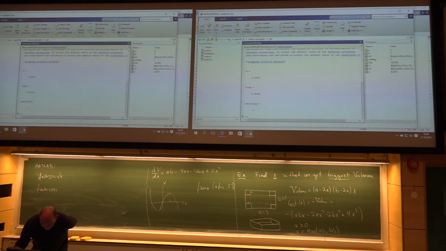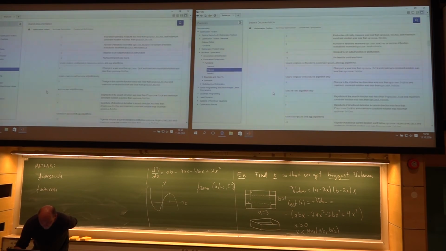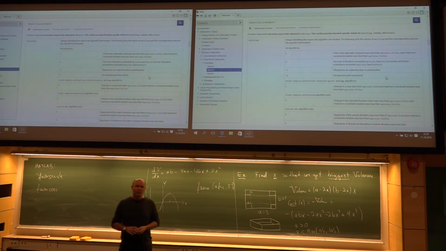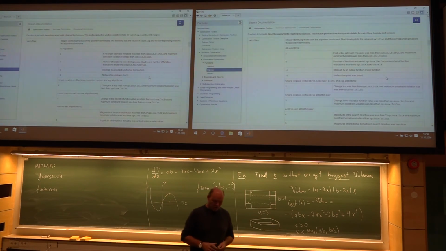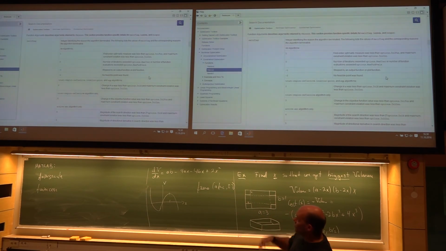The exit flag in fmincon has a whole bunch of entries. So here you can't just check if exit flag is 1 or not. If it's 1, then yes, it has found a solution. 0, it has used up the maximum allowed number of function calls.